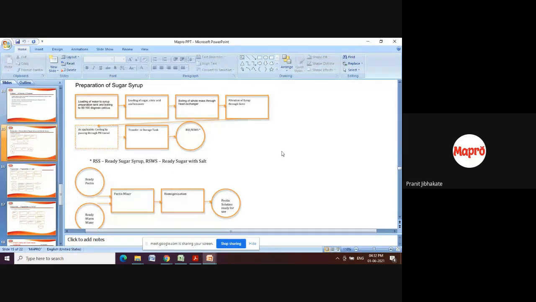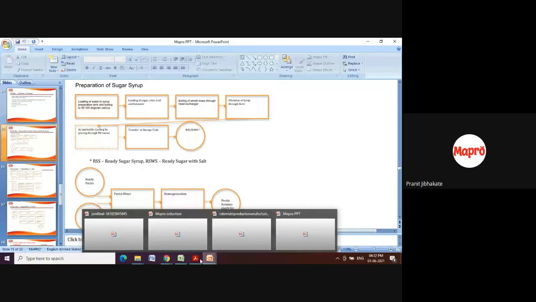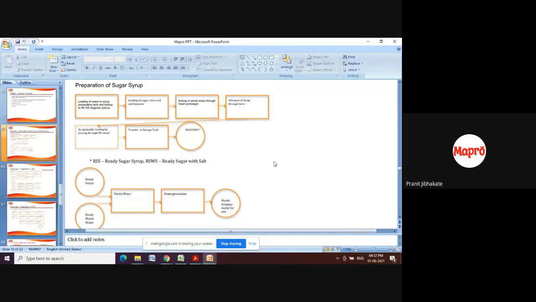Does anyone of you know what you mean by inversion? Okay, inversion. Yes, sir. Because of inversion, recrystallization is prevented.